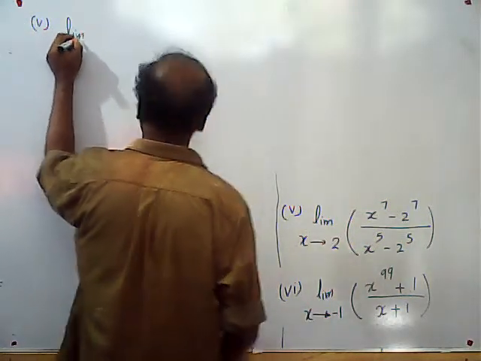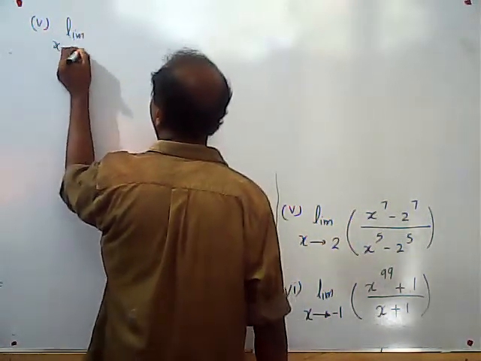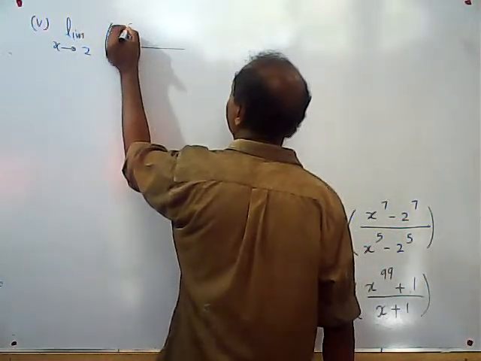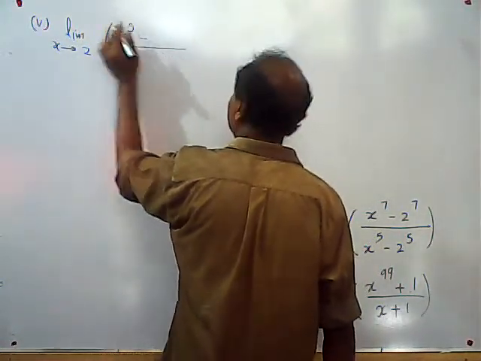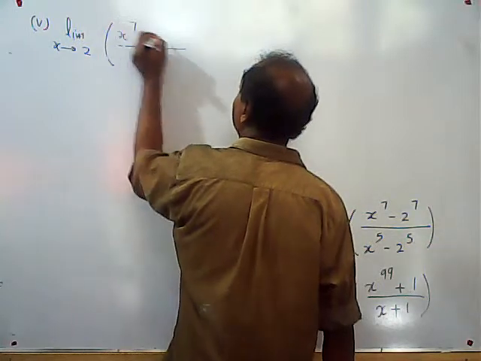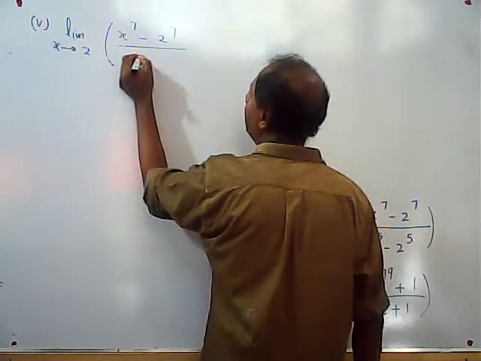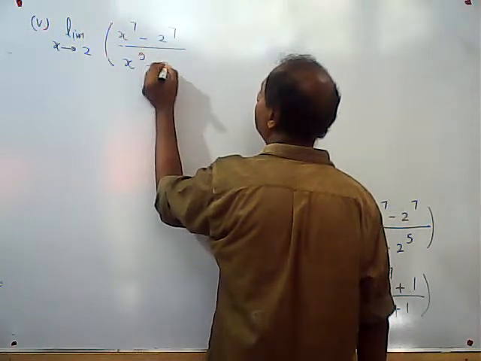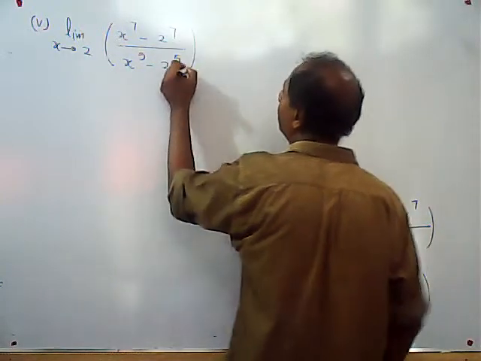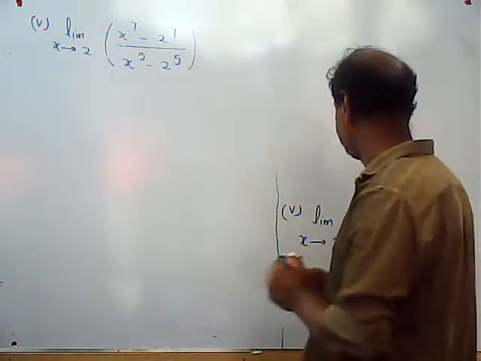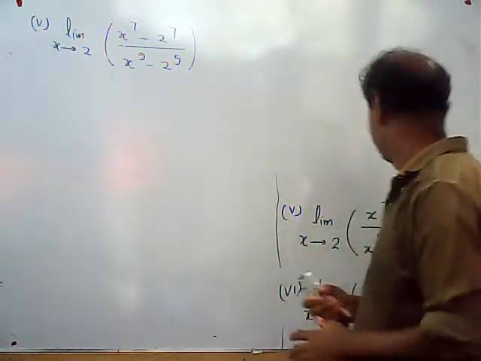limit of x to the power 7 minus 2 to the power 7 divided by x to the power 5 minus 2 to the power 5. Right?